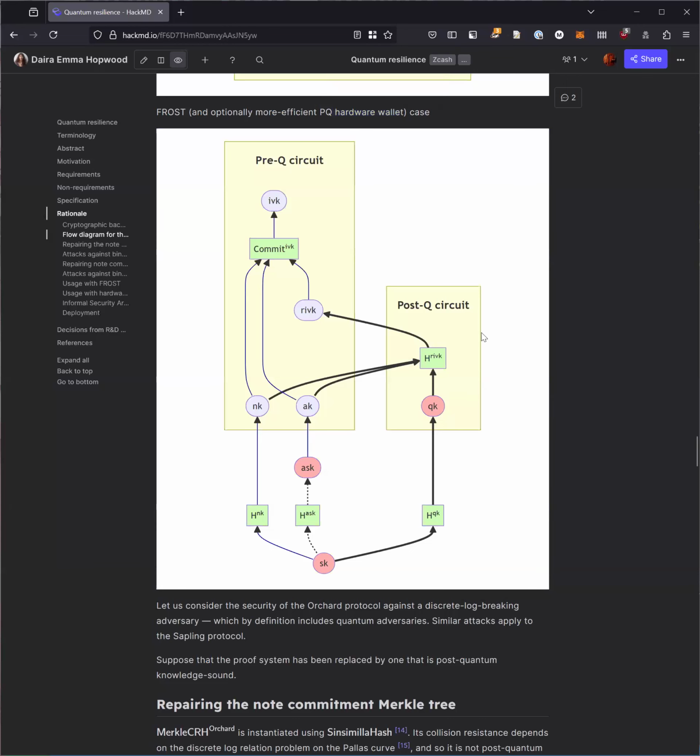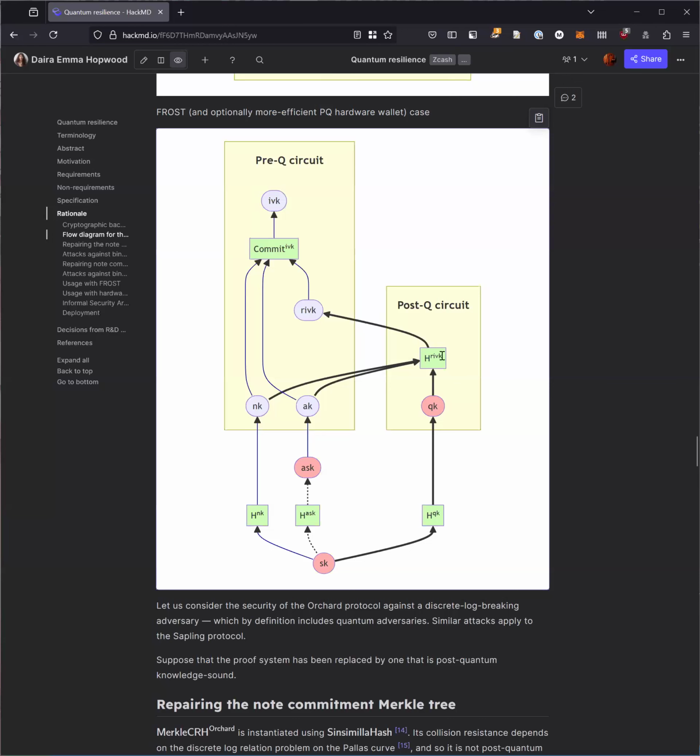So the thing here is that in the case of a quantum adversary coming along, this link breaks. So you no longer can use the threshold mechanisms. But you can still prove a spend by proving this QK hash over here.